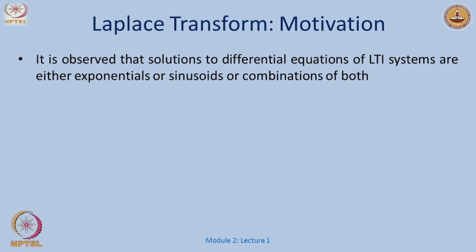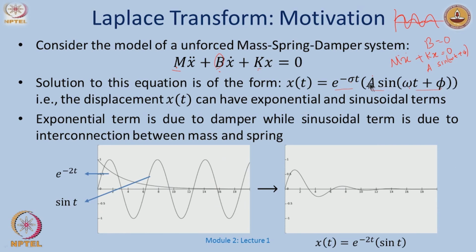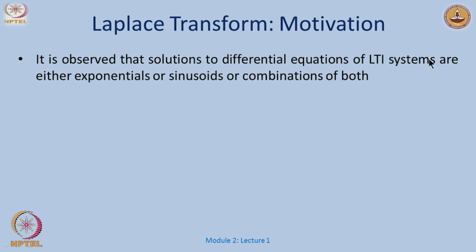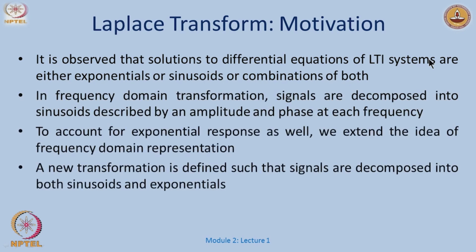Okay. So far what we have observed is that solutions could have a combination of exponential terms and sinusoidal terms, or either just an exponential term or also only a sinusoidal term, as we saw over here. Okay. So, in the frequency domain transformation, the signals are decomposed into sinusoids, which are described by an amplitude and phase at each frequency, as we saw in the earlier examples.